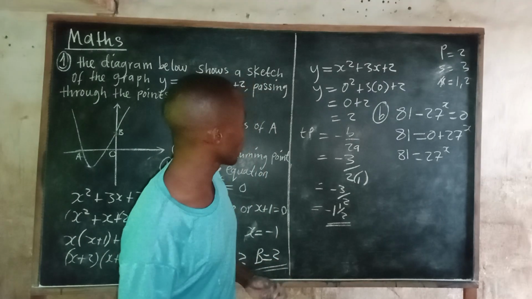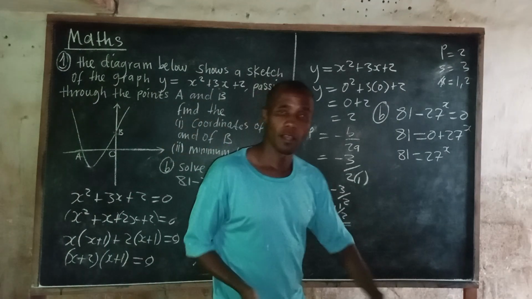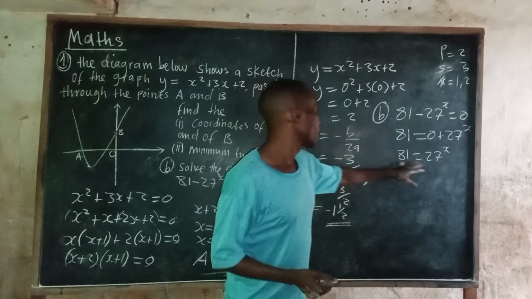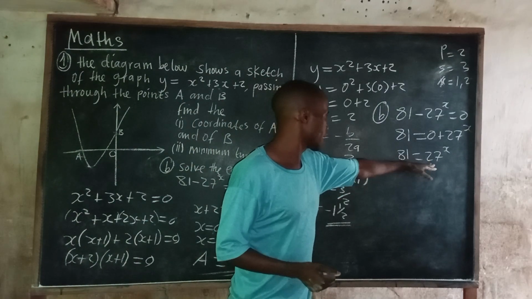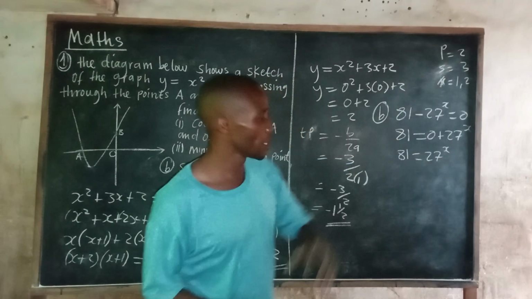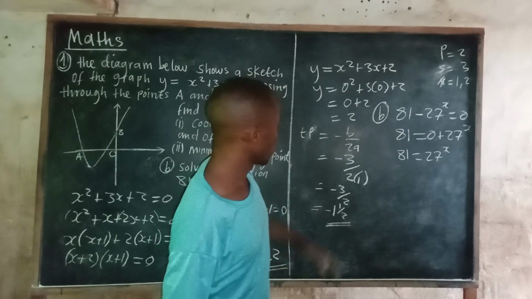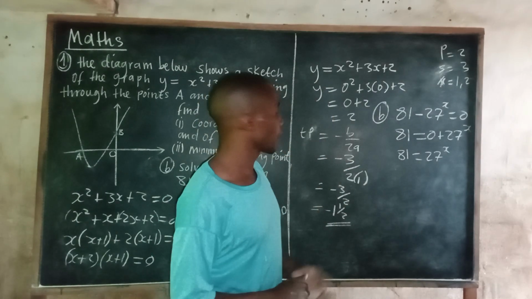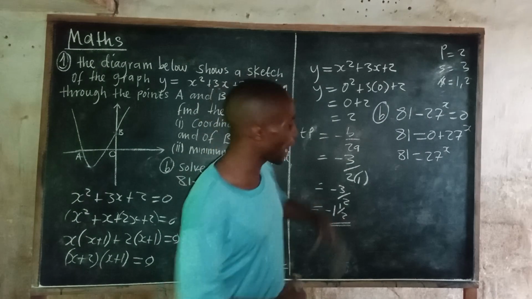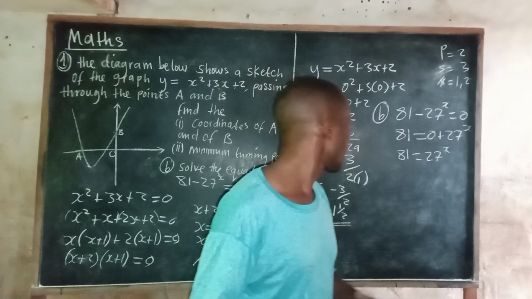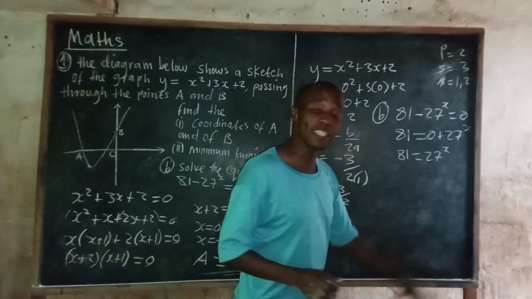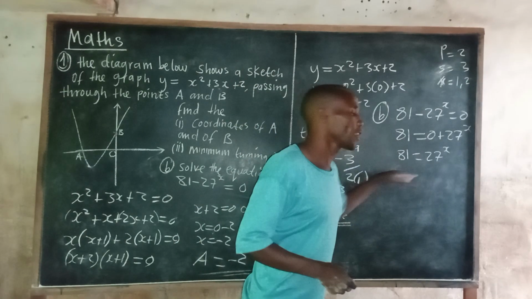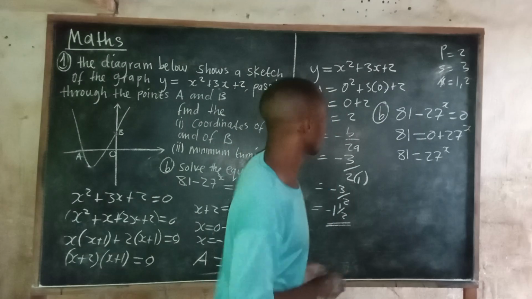We need to go back to the rules of indices, where we are going to try by all means possible to make these bases the same, so that they can be cancelled out.